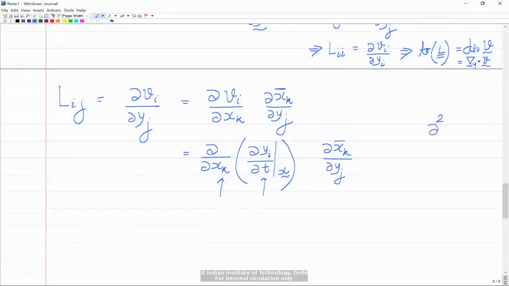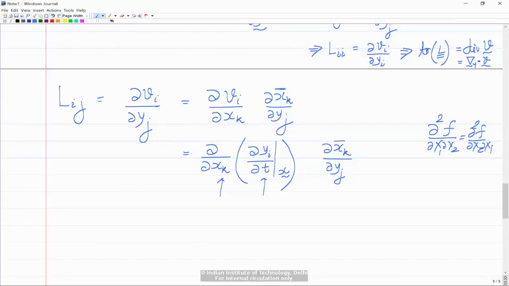You must have learned from a math class that del 2f by del x1 del x2 is the same as del 2f by del x2 del x1, as long as x1 and x2 are independent. The same thing is here also. So we can flip the order of derivative.